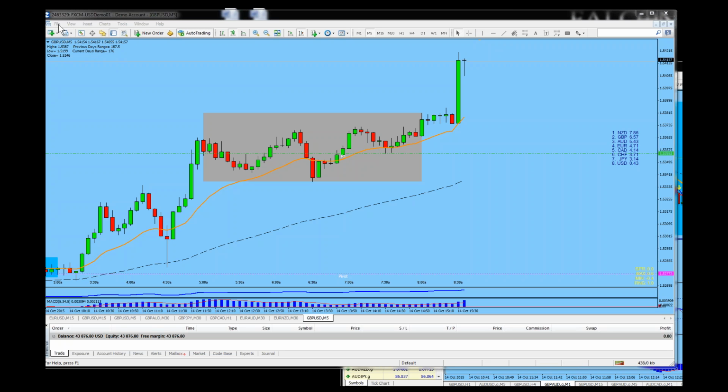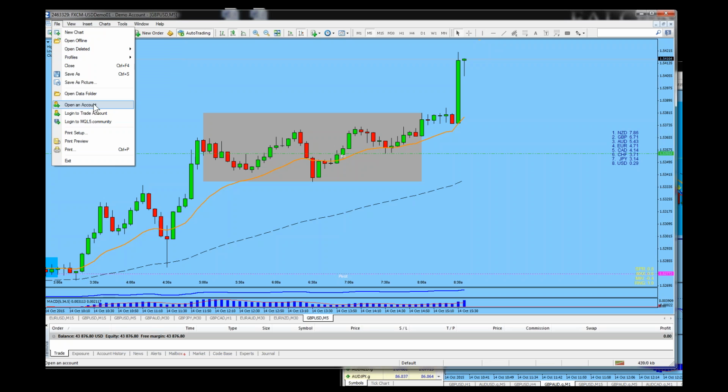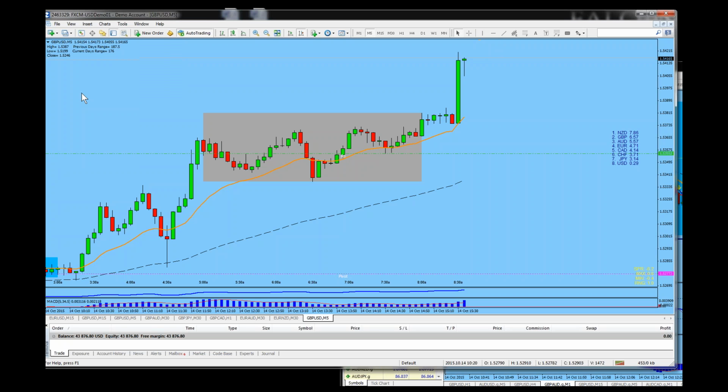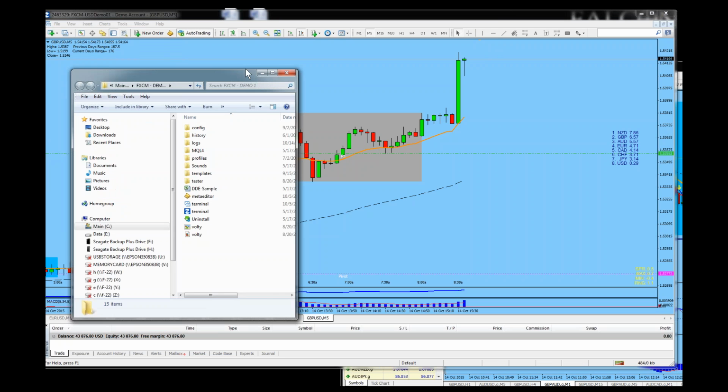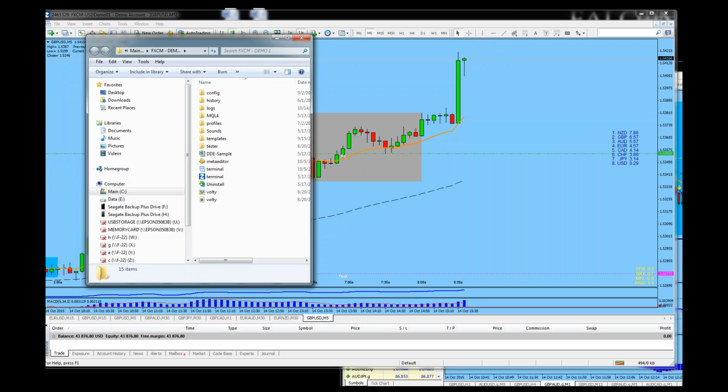This is it. So, file, open data folder, which naturally would open up all the way over here. And let's bring this over here. And to MQL4 indicators.